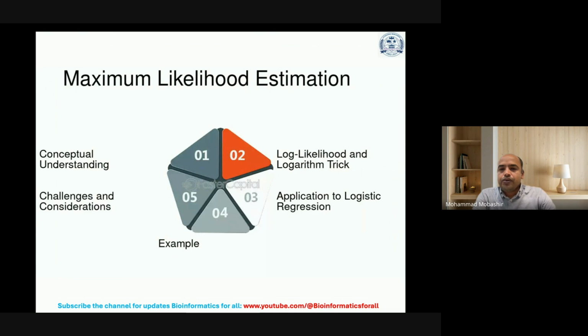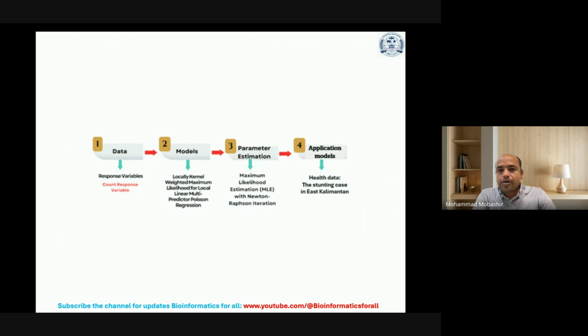Now, if you want to understand the applications or examples of MLE, before you go to the application part, you need to understand the basics, challenges and considerations, like log likelihood and logarithmic applications to logistic regression.